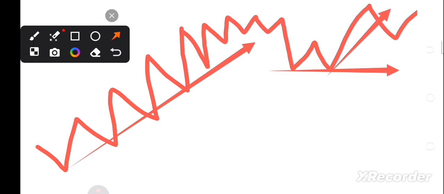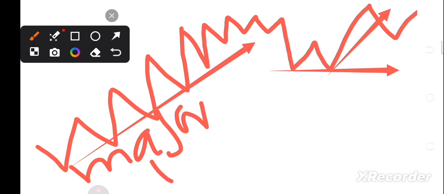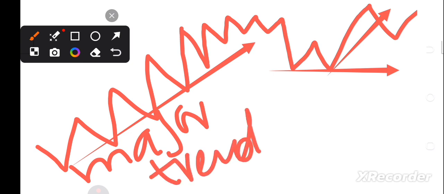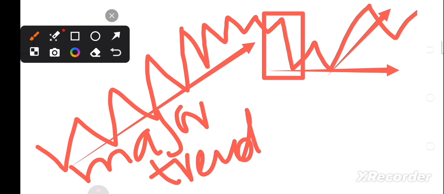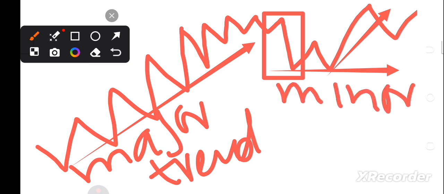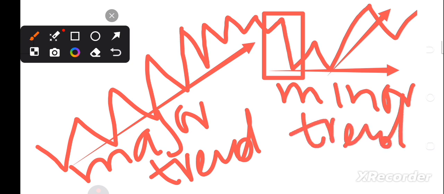So this is our major trend. This is the minor trend. Okay, hope this concept is clearly understood, please.